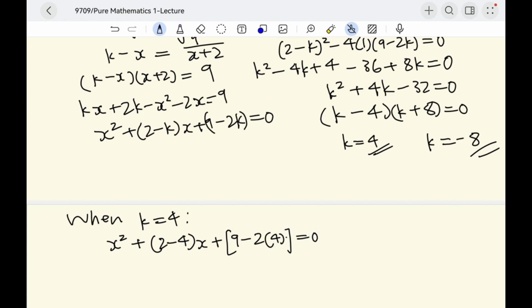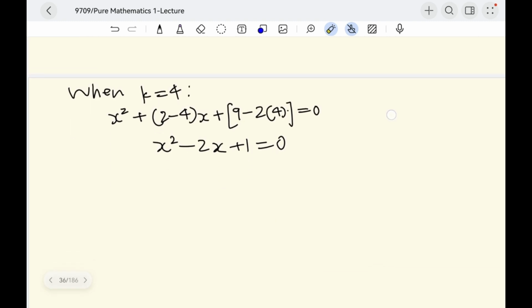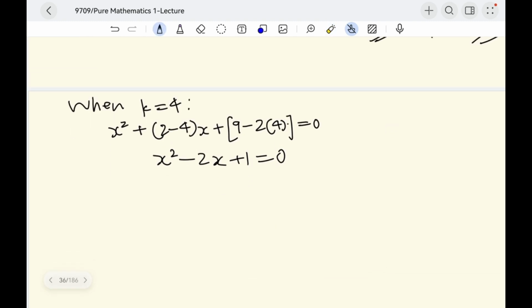Okay, so this is what you get. You have x squared minus 2x plus 1. So you see that this quadratic equation can be factorized into the square form. It is completing the square to factorize it.